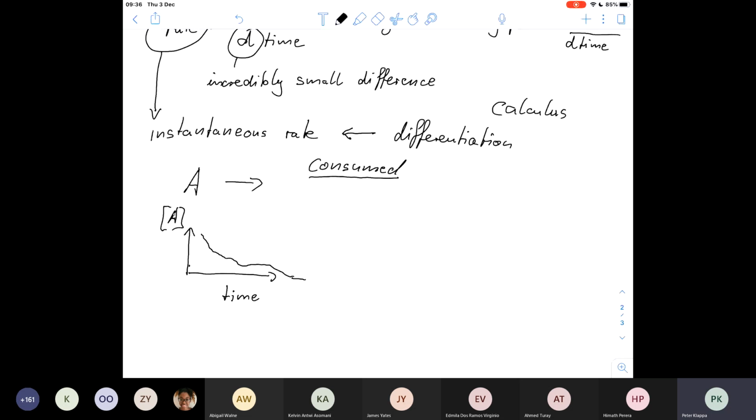And the brackets just simply indicate the concentration of A. And over time, it will disappear. Can we have a negative concentration of A?